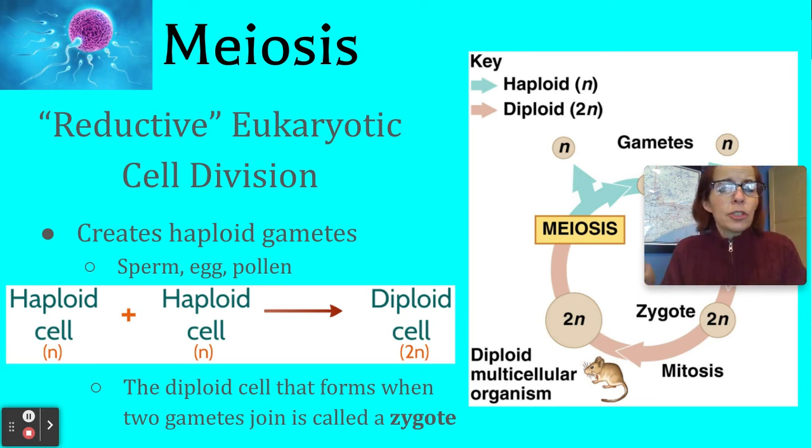So we have not reduced the number. So it's non-reductive. In meiosis, if we have a human cell that starts with 46, and that's called a germ cell, if it's the first cell that's going to divide into the gametes, the first cell has 46 chromosomes, and then by the time you're all done, each of the four cells has 23 chromosomes.